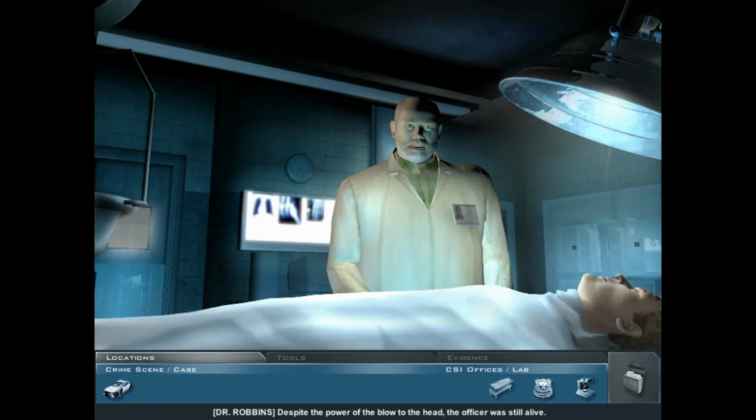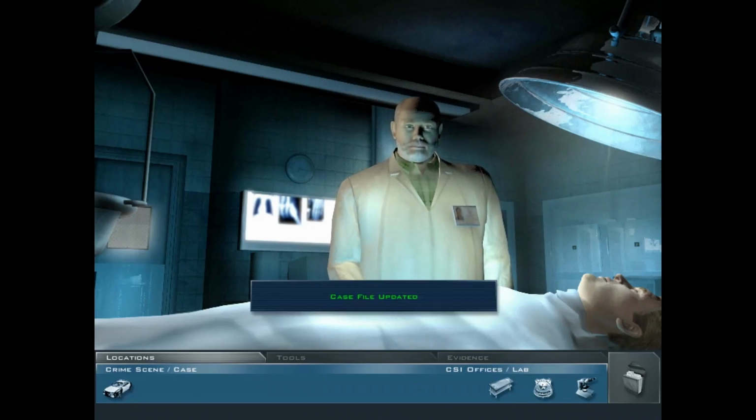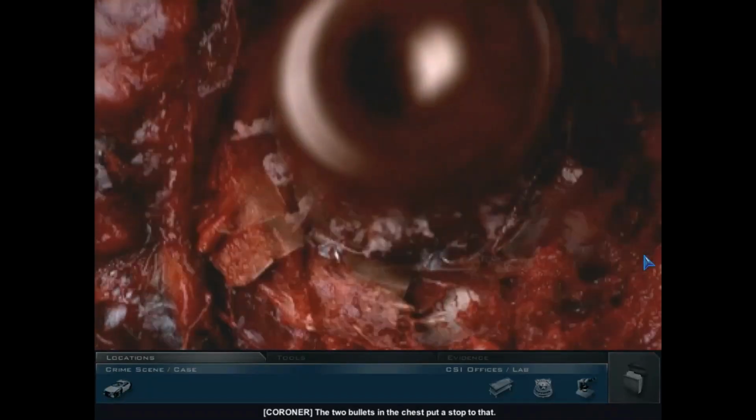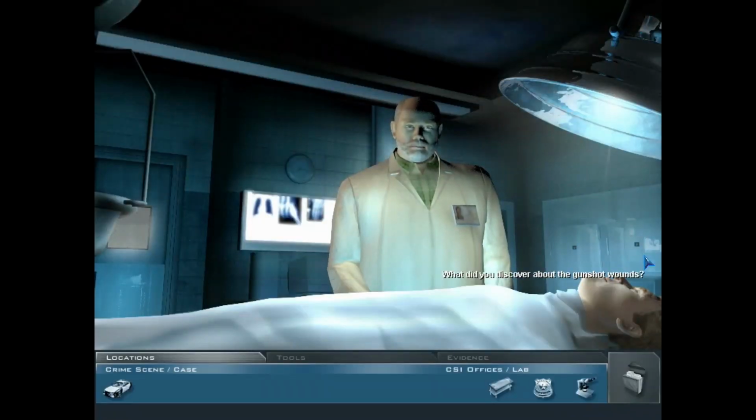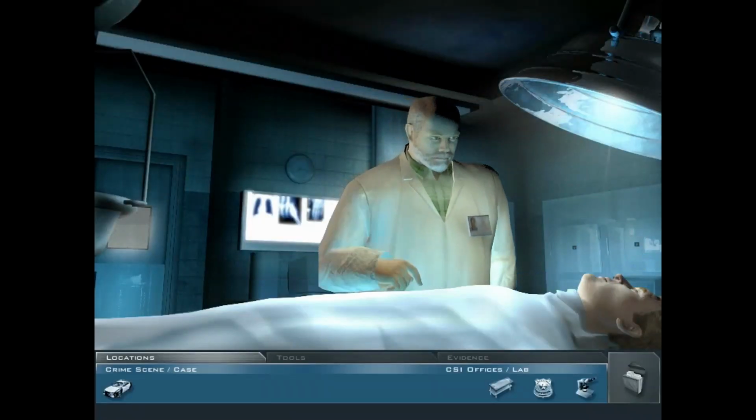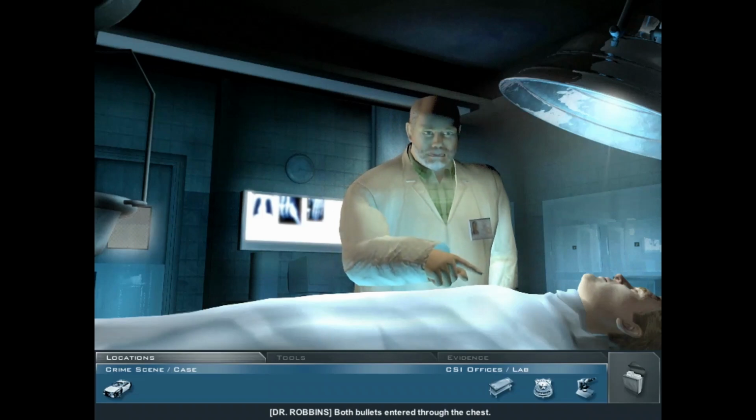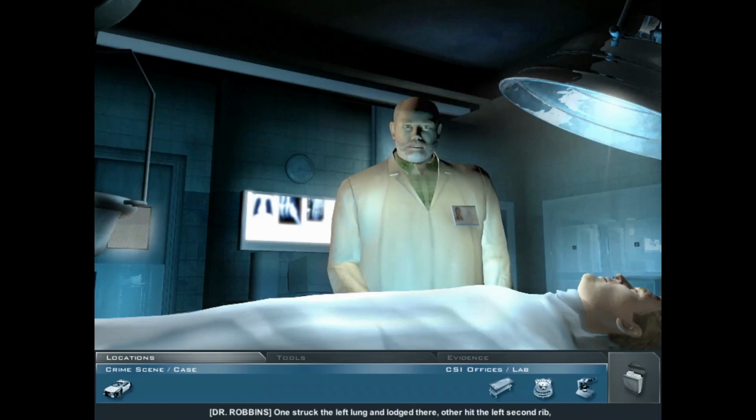Despite the power of the blow to the head, the officer was still alive. Unconscious maybe, but breathing. The 2 bullets in the chest put a stop to that. Both bullets entered through the chest. Stippling is consistent with being shot at close to medium range. One struck the left lung and lodged there.